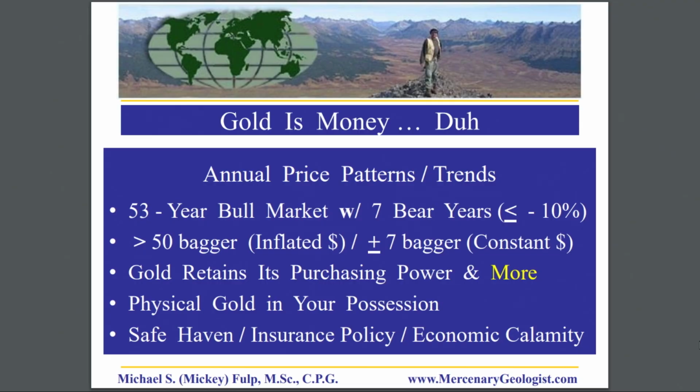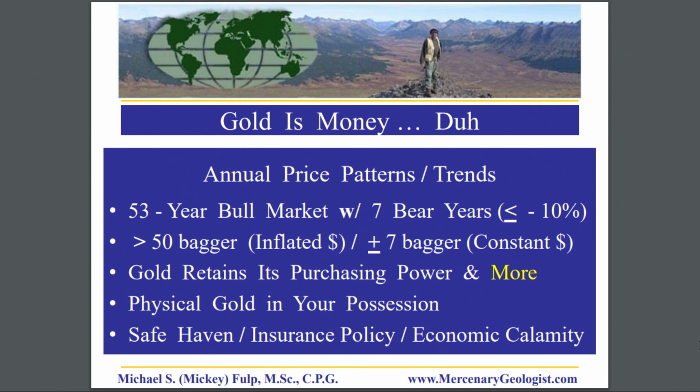So from our database, we took year-end CPI numbers since 1970. The U.S. dollar of 1970 is worth 14.6 cents, basically 15 cents, what it was then.